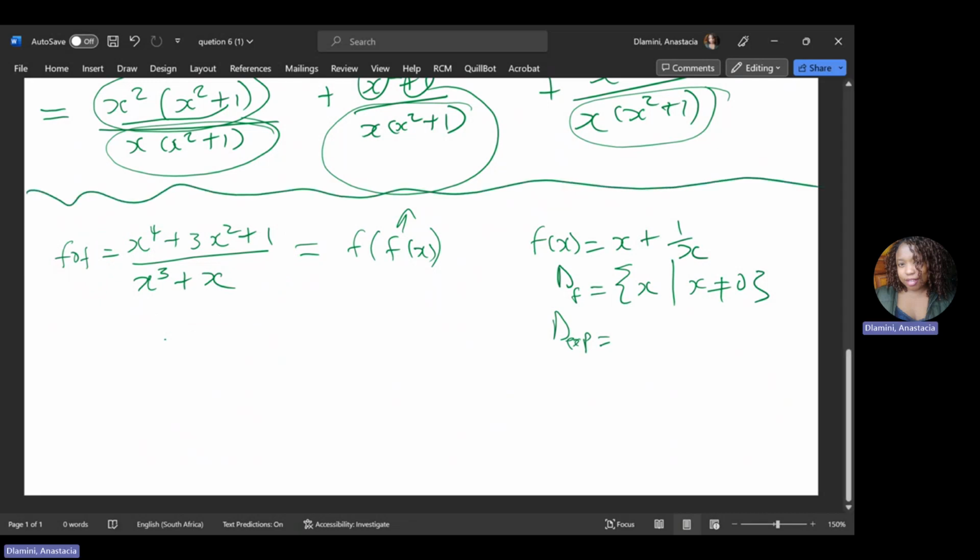Now from here, you'll notice that the denominator is equal to x to the power of 3 plus x. So for this expression to be defined, we want the denominator to not be equal to 0. So this means that x will be an element of real numbers such that x to the power of 3 plus x should not be equal to 0.